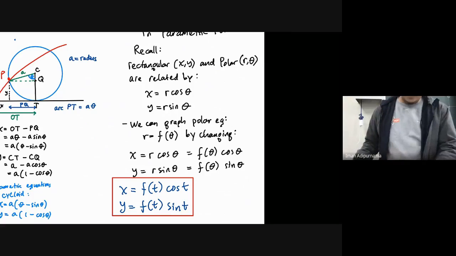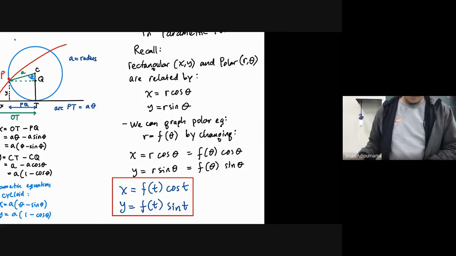Actually, there's one section, 8.3. It's called the Moivre theorem, but I think you don't really need it now, so I'm skipping it.